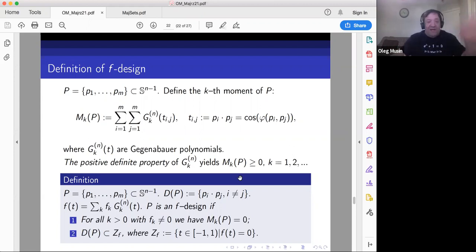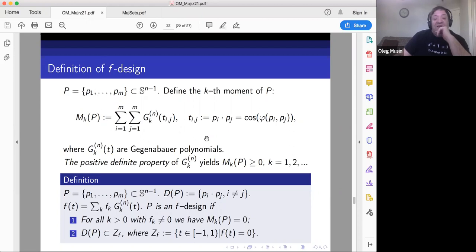I found, okay, let us give a formal definition. Consider a set of M points in n-dimensional space, I mean in R^n. First of all, we define the moment M_k, the k-th moment of P. It is a sum over all ordered pairs of Gegenbauer polynomials of the inner product p_i dot p_j of our points.